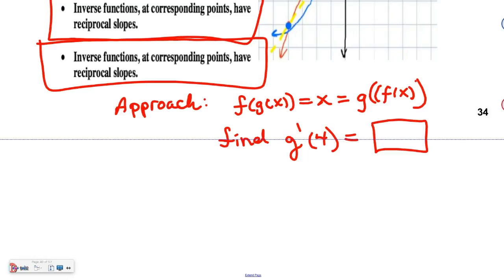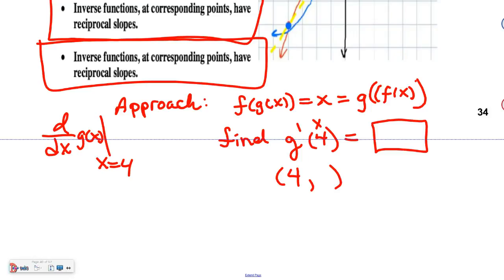All right? They're going to give you an x value, so go put an x there. They want you to find the derivative of this function at that x value. Sometimes it looks like this, the derivative of this function when x equals 4. Same stuff, right? So you know that 4 is an x value on g. I'm going to leave that open.